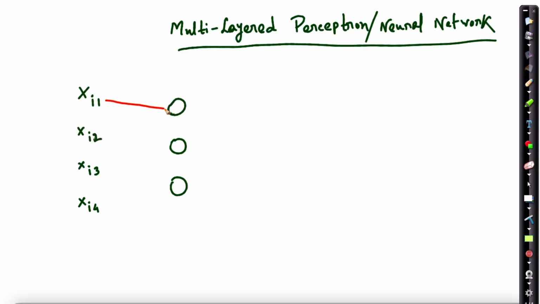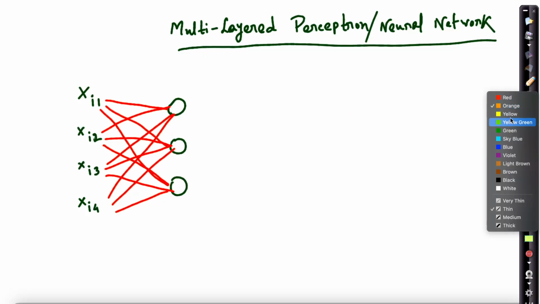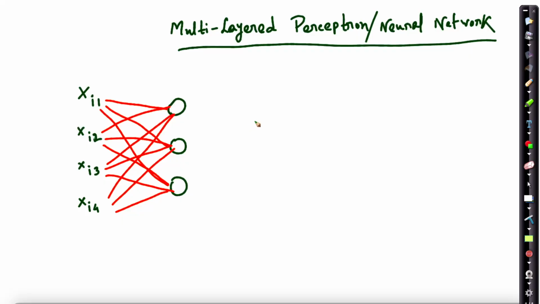So let us draw it as a fully connected neural network, like this. Next, let us draw 2 more neurons. Finally, 1 neuron.